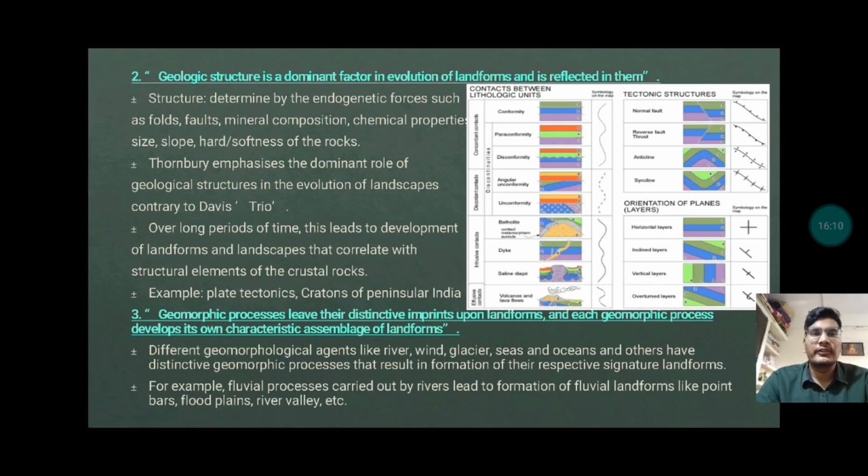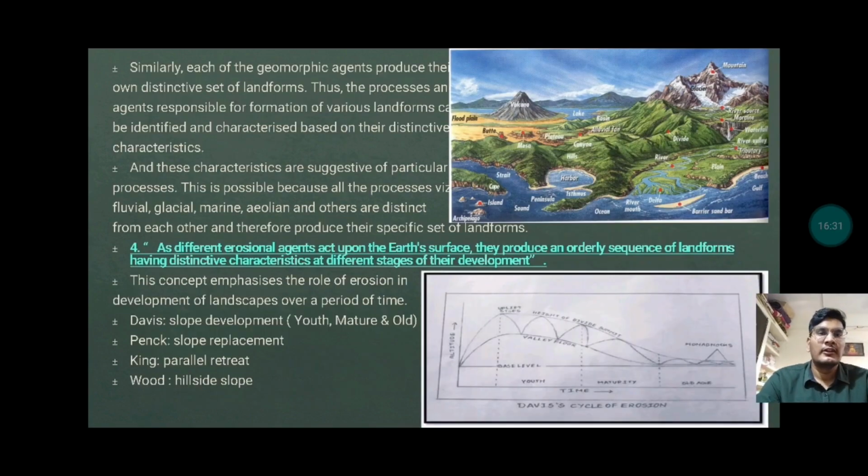So these processes are carried out, and these actually imprint upon the landforms. So we can take examples one by one. For example, the processes carried out by rivers lead to the formation of fluvial landforms like point bars, floodplains and river valleys. Okay. Similarly, each of the geomorphic agents produces its own distinctive set of landforms.